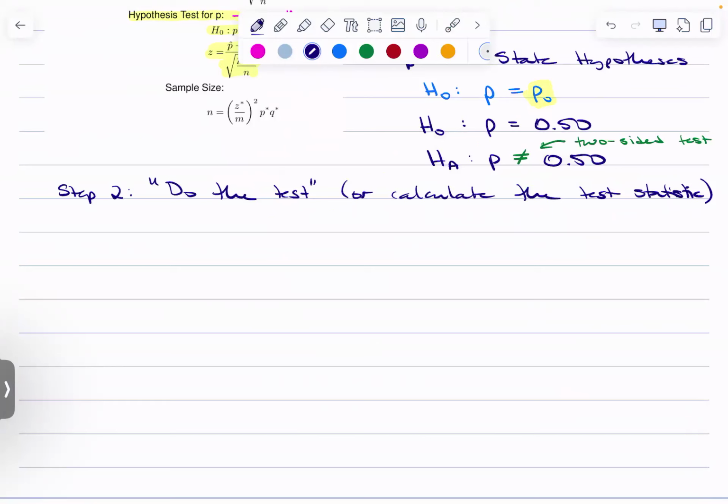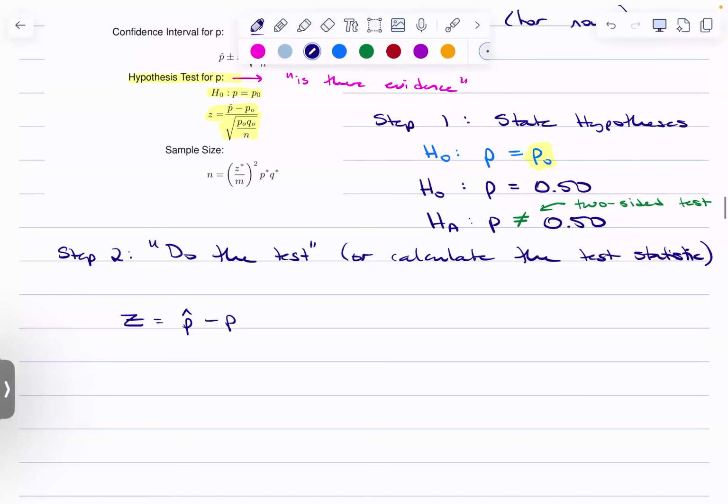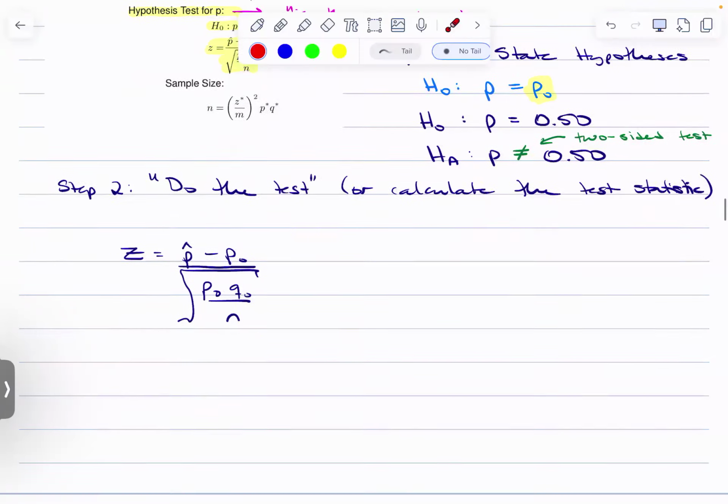So from the formula sheet, Z is equal to P hat minus P naught over the square root of P naught Q naught over N. Right? How far is 0.41 from 0.5, taking into account the spread that we would expect? Let's see here.